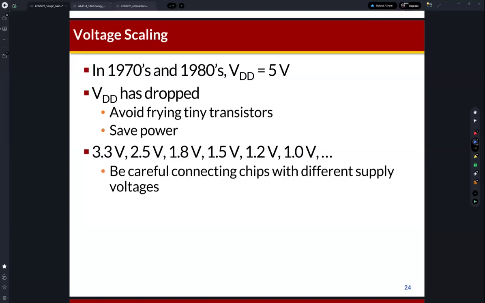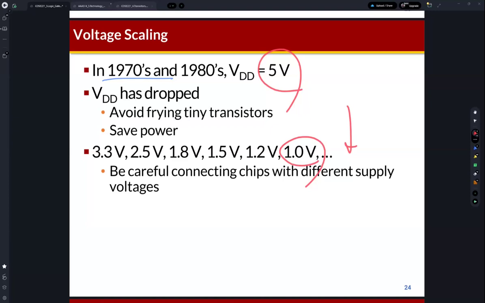In the 1970s and 1980s, the supply voltage level was 5 volt. It was very high, right? But it has been reduced, and currently it is around 1 volt.